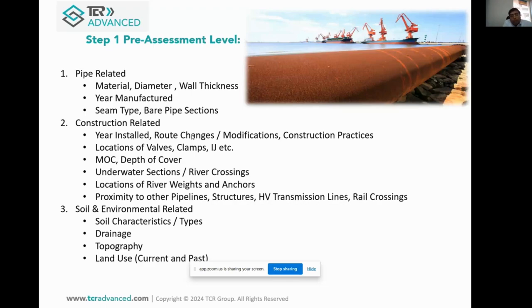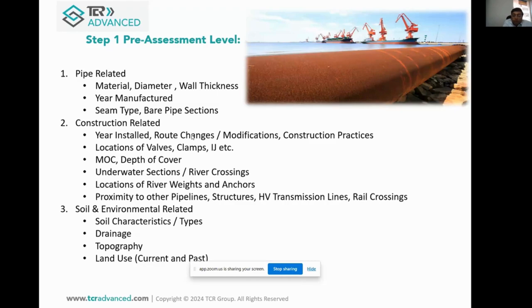Otherwise the current intended to protect the pipeline will be drained somewhere else, and you won't get the protection. Again, depth of cover: the pipeline is always buried, but sometimes because of erosion of soil the pipeline gets exposed, and when it comes into the presence of the atmosphere, oxidation reactions can easily take place and the corrosion process can start. So in underwater sections, river crossings, and subsea pipelines, the burial depth is critically important.